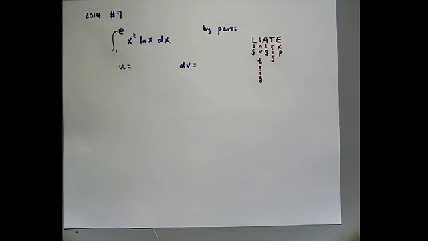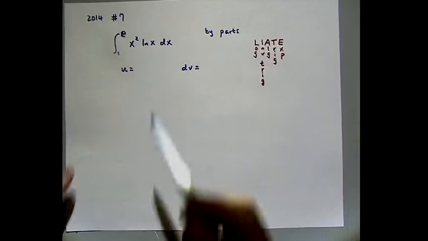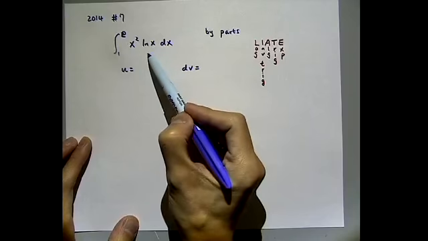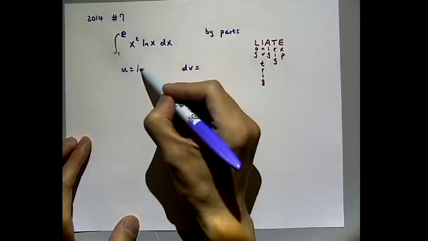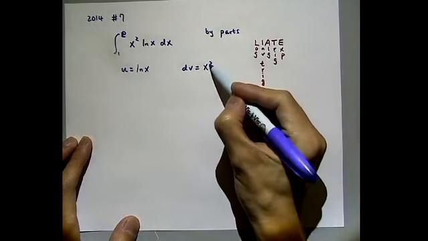Log first, inverse trig next, algebraic, trig, exponential. Here I'm seeing an algebraic versus a logarithmic. So I'm going to take log first to be our u. Anything else you didn't choose, they go to dv.